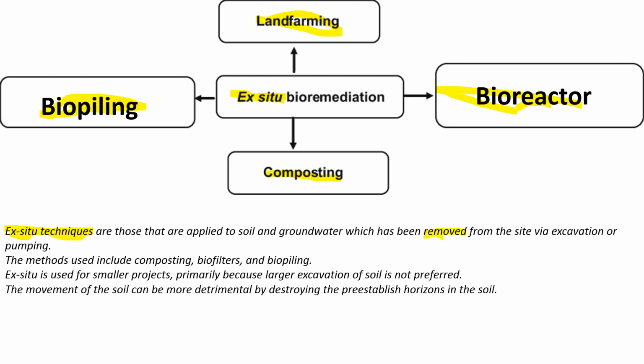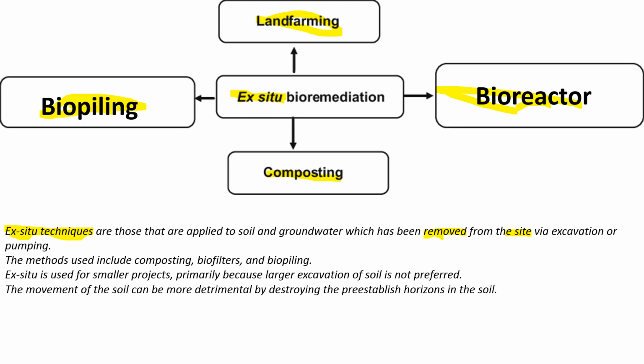They are removed from the place of pollution, they're excavated or pumped out, and they're taken to another place. When a larger surface area of water or soil is polluted, it is not virtually possible for us to excavate or pump out the whole system and remediate it in a treatment plant.